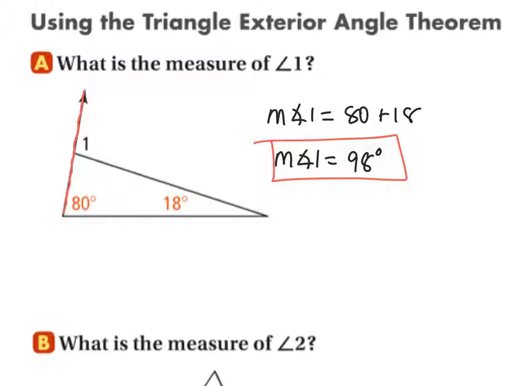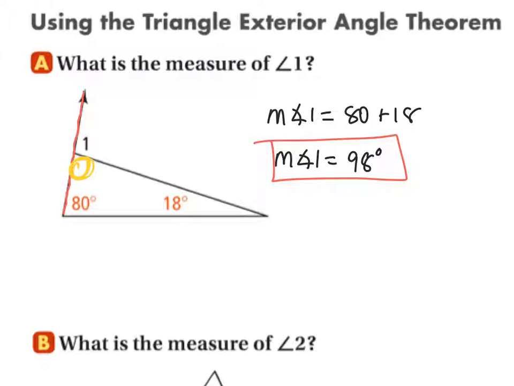Is that the only way to find angle 1? Absolutely not. We could use the triangle angle sum theorem and say, well, I know that these three interior angles of this triangle must add up to 180 degrees. I could find this angle first by taking that angle plus 80 plus 18 equals 180, and subtracting that out, I think I get 82?